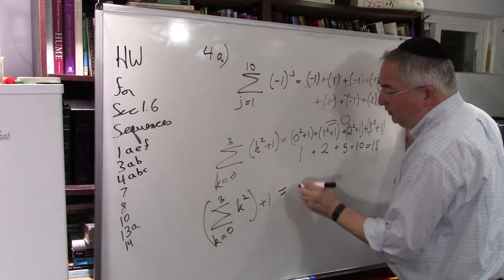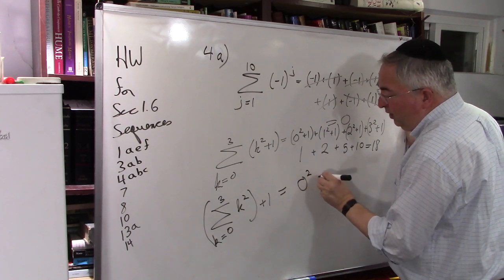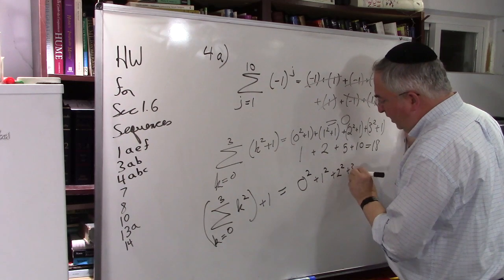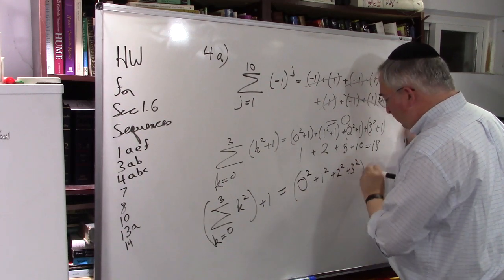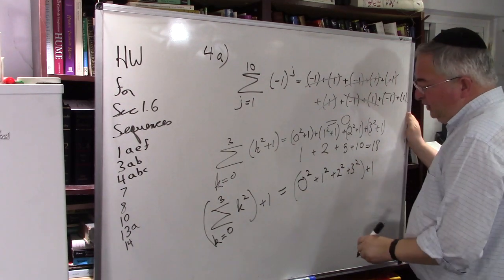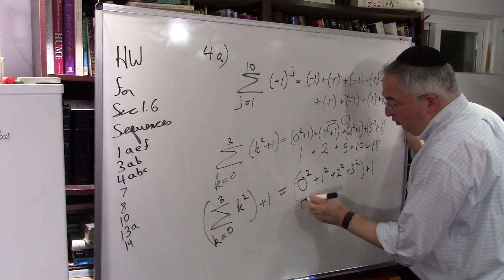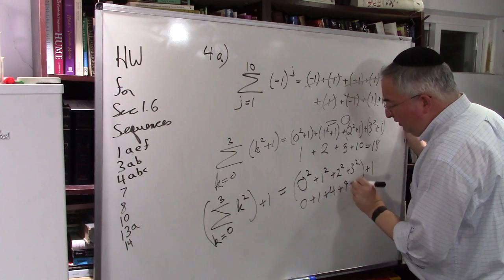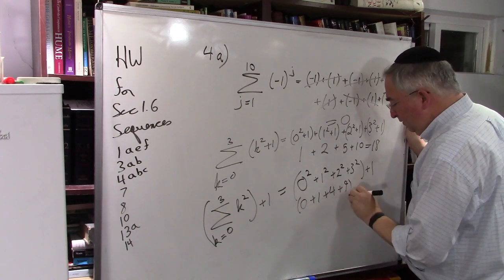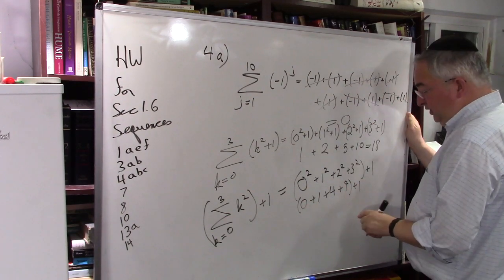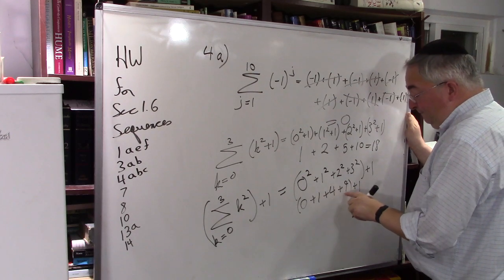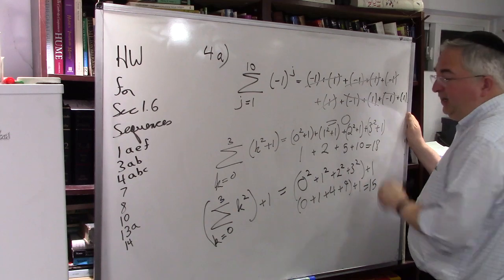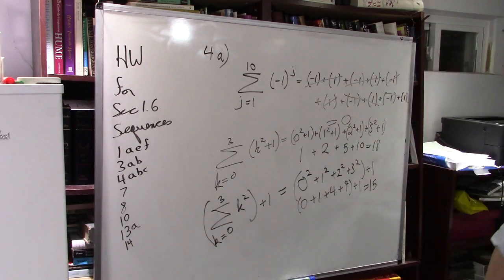So this is going to equal 0 squared plus 1 squared plus 2 squared plus 3 squared, all that, and then plus 1. So this is equal to 0 plus 1 plus 4 plus 9 plus 1. So this is 14 plus 1 is 15. Okay, 15 is not 18. Okay, that takes care of that.